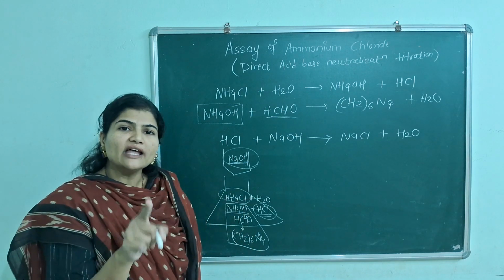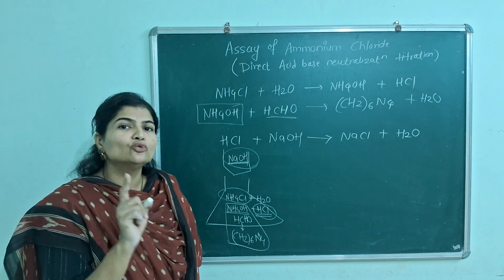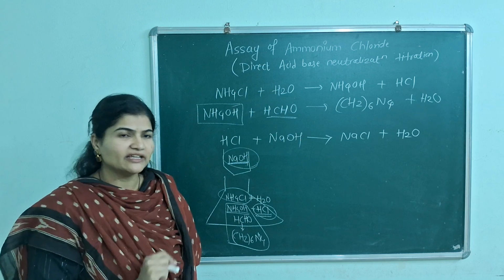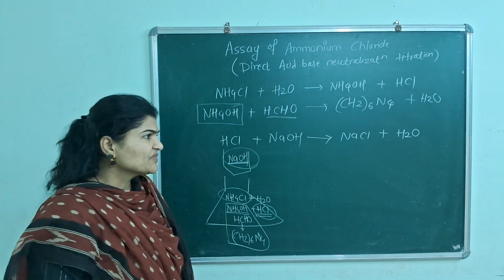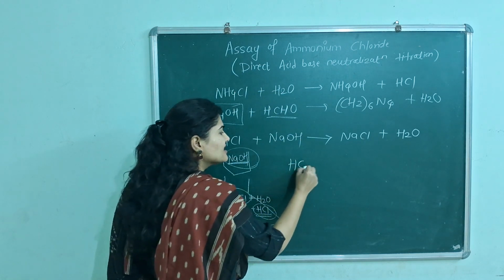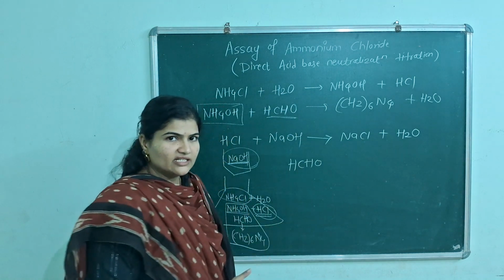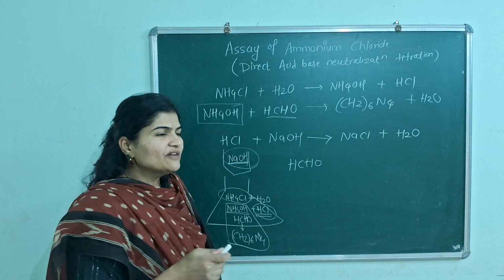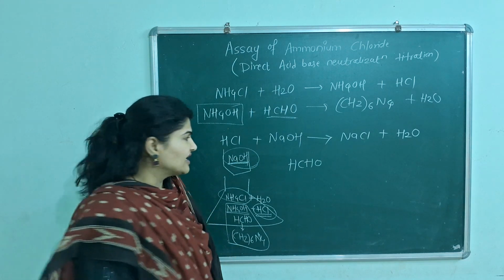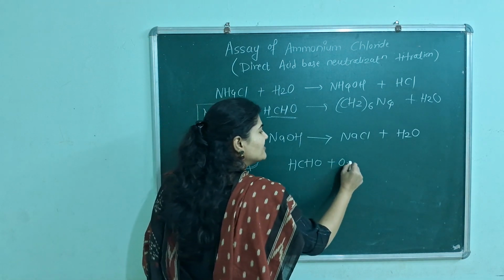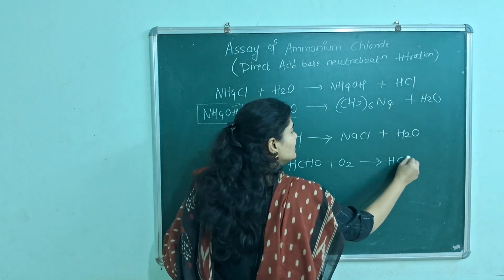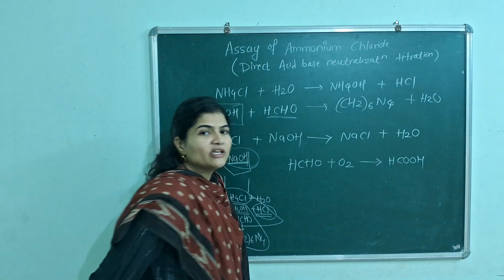Now one thing I want to add here, in the process we are adding formaldehyde. So whenever you are adding formaldehyde, you have to do one procedure before adding it to the solution. Why? See, formaldehyde contains acidic impurities, and if you have stored it for a longer period of time, this formaldehyde might have undergone oxidation and been converted to formic acid.